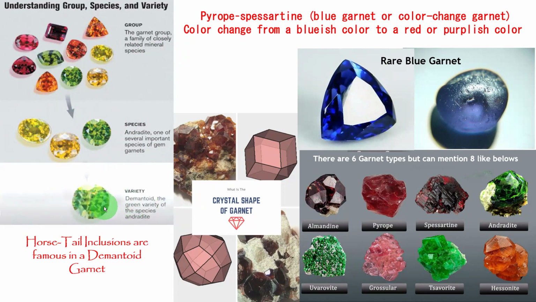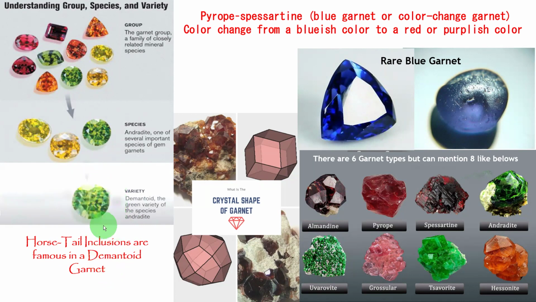Demantoid is very famous for that yellowish green color and the horsetail inclusions. You can learn it later. I have already added, and I will add everything regarding demantoid also. Then, in here, I mentioned it, horsetail inclusions are famous in demantoid garnet. If the demantoid garnet has full inclusions, the price is going up.